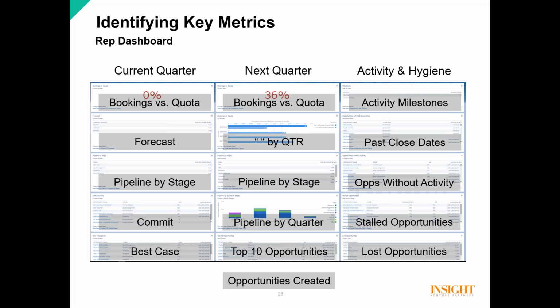So again, we've got opportunity creation, out quarter pipeline. And then on the right, not only activity, but hygiene. So we're not only tracking meetings, but we're tracking opportunities with close dates that are in the past, or opportunities that don't have any activity in the last 30 days that are still considered pipeline.